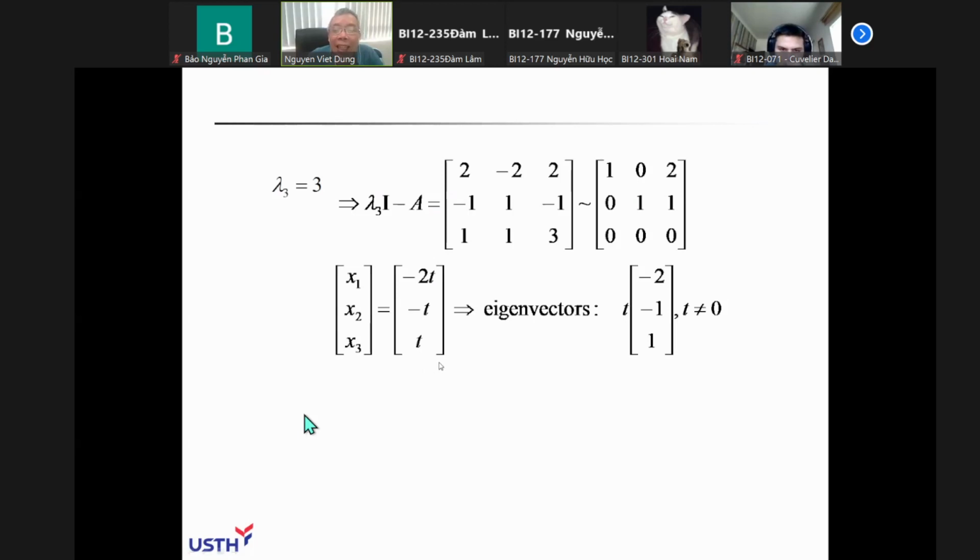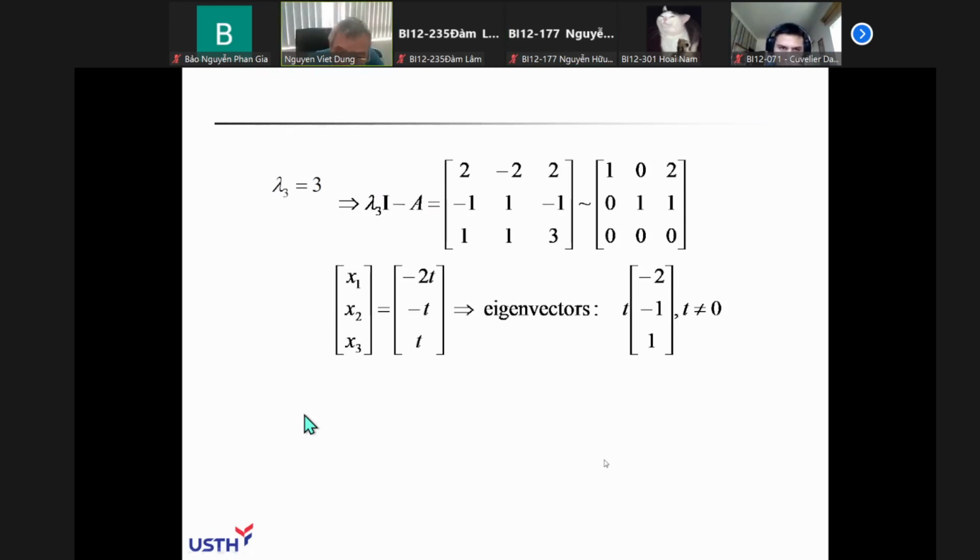Anything here is an eigenvector except t equals 0. When t is 0, that will be 0, 0, 0, and 0, 0, 0 is impossible to be an eigenvector because the eigenvector must be a non-zero column matrix. Okay? Okay, I got it. Okay, thank you. So always we require that t is non-zero.